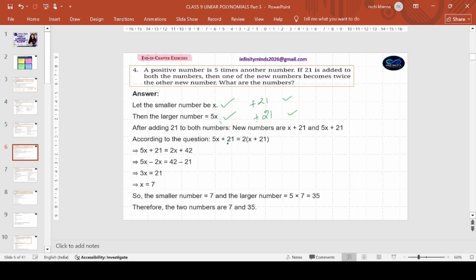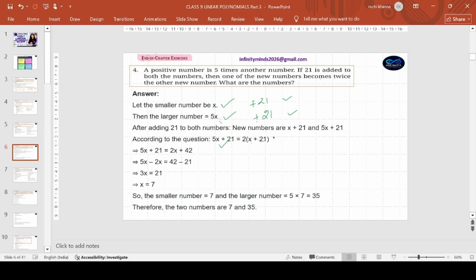So is twice. Now children, see, obviously the bigger will become twice of the smaller. It's quite obvious that x plus 21 is supposed to be smaller than 5x plus 21 as far as positive numbers are concerned. Ideally, the question should carry positive integers. For positives, for negative, sometimes opposite also happens.